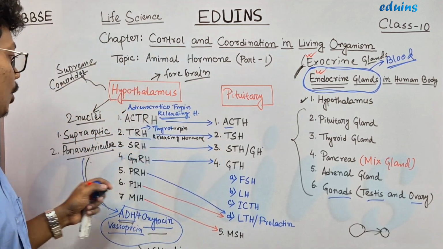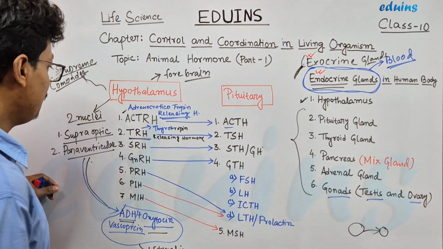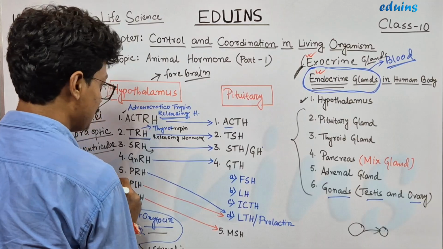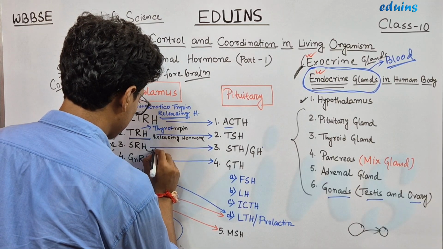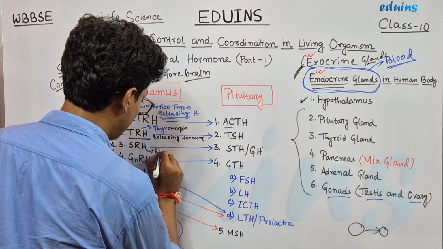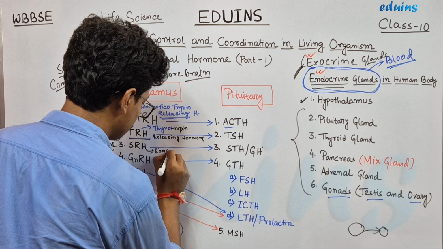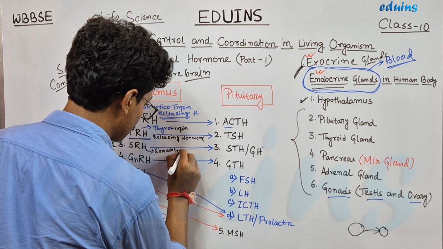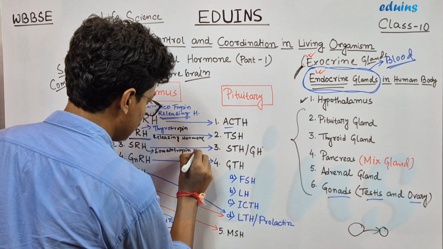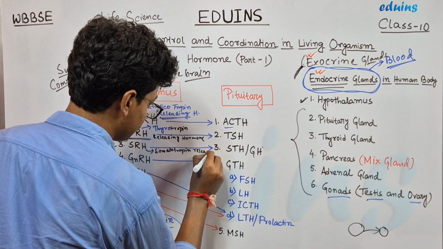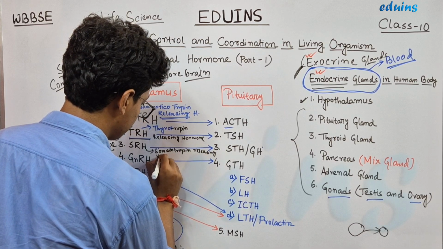Or TRH. Number 3 is SRH, which is somatotropin releasing hormone.